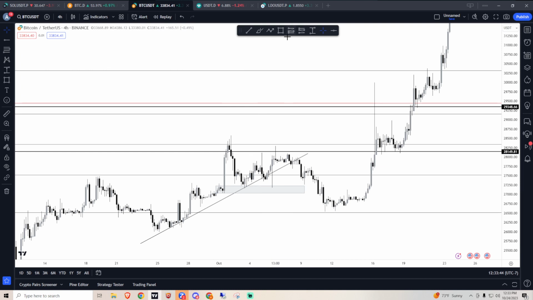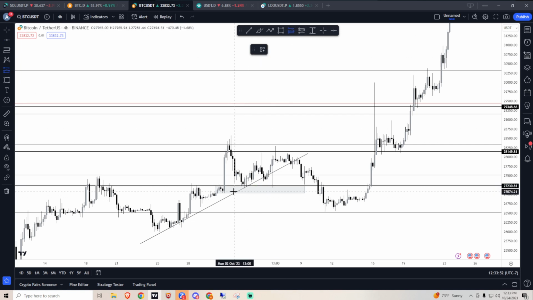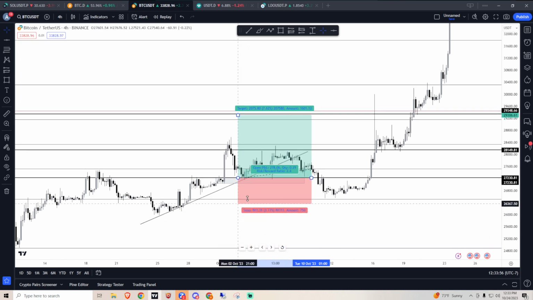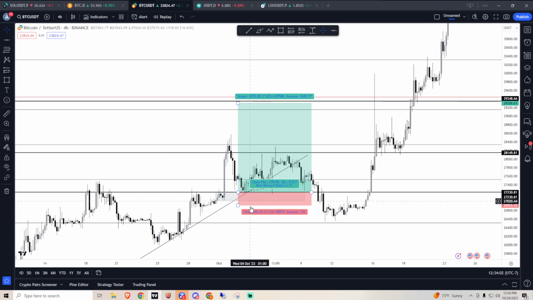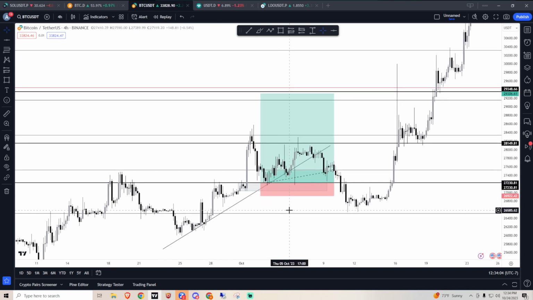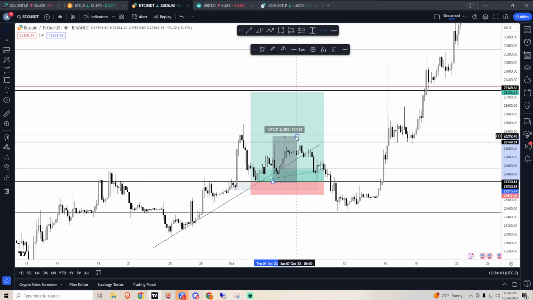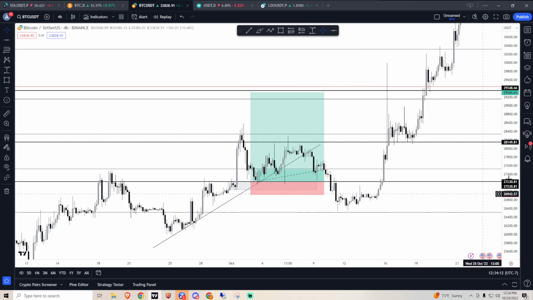So this demand zone, once we had that nice move up, was not only a demand zone but also an SR point. So I have two confluences already with the SR point and the demand zone. The third confluence was the trend line retest. So I have three. And then we bounce what? 4%, right?